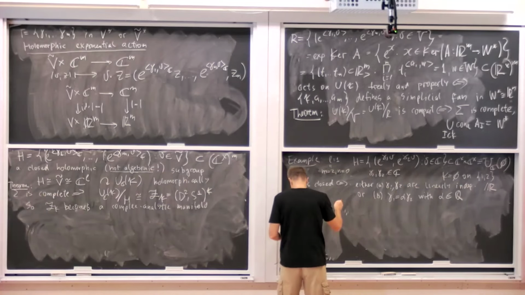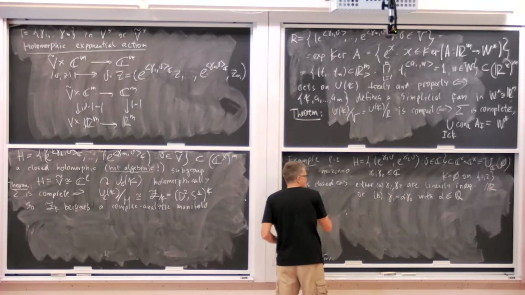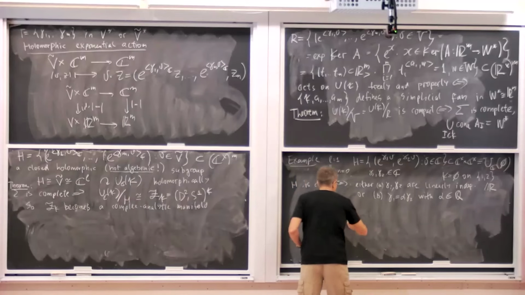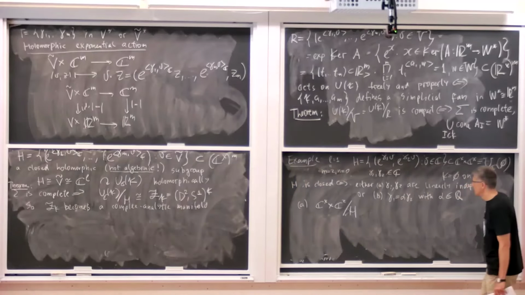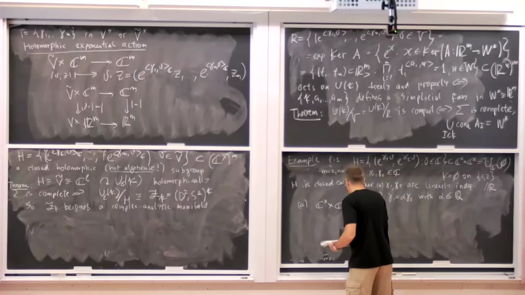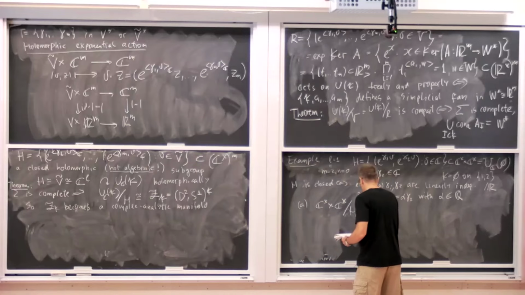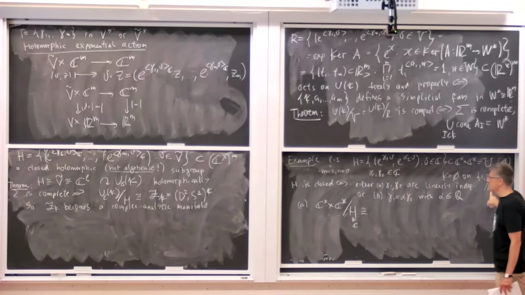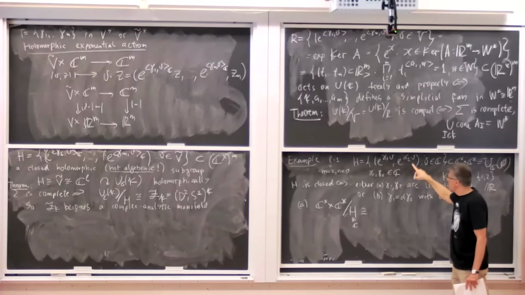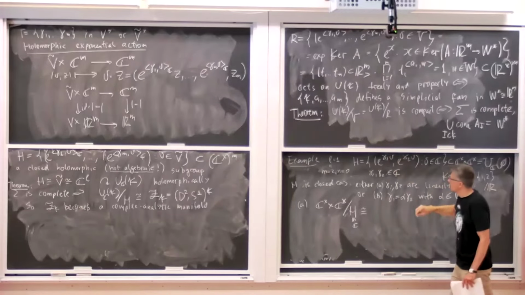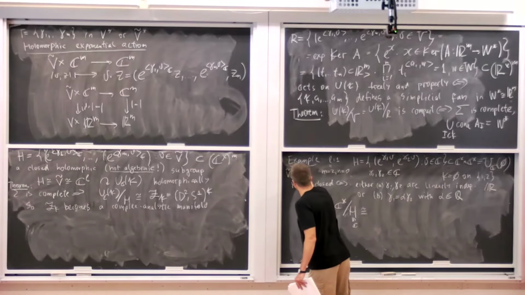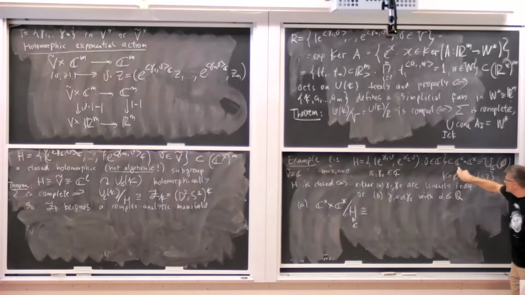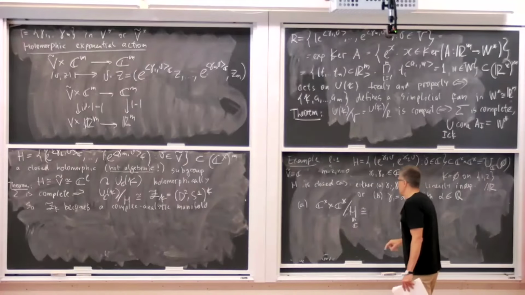In the first case, you have C star cross C star over H, which is isomorphic to C. If they are linearly independent over R, then this is just an embedding of C. So now your V is C, a one complex parameter, and it embeds into C star cross C star as a closed subgroup.